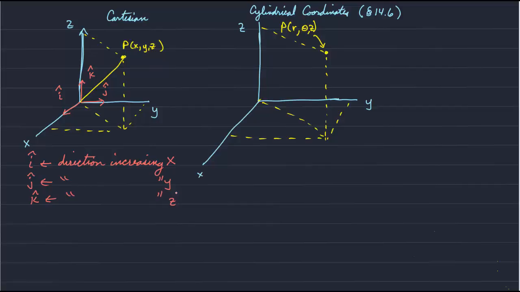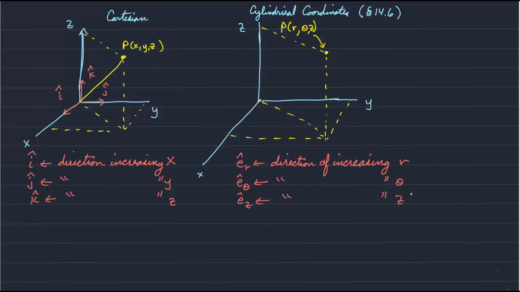Now the base vectors for cylindrical coordinates are e hat sub r, and that gives the direction of increasing r. e hat theta gives the direction of increasing theta, and e hat z gives the direction of increasing z.